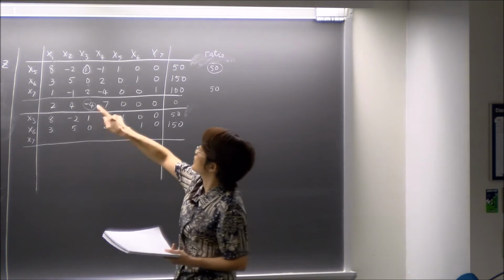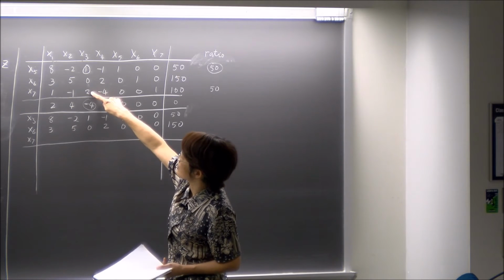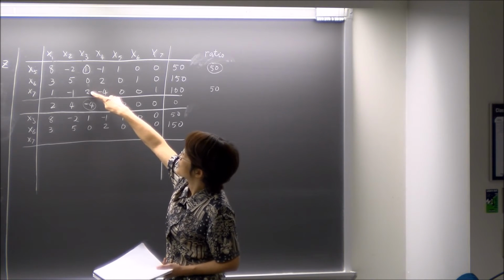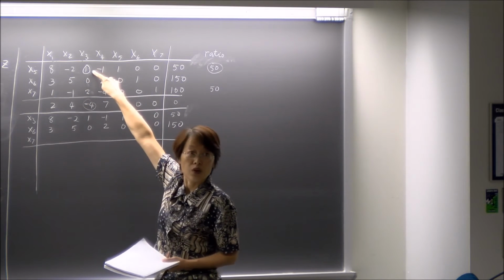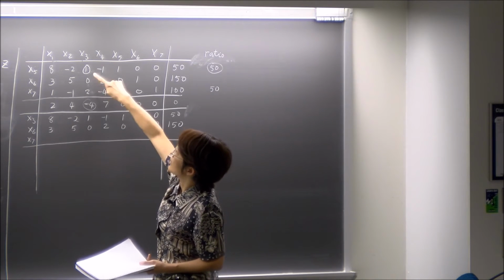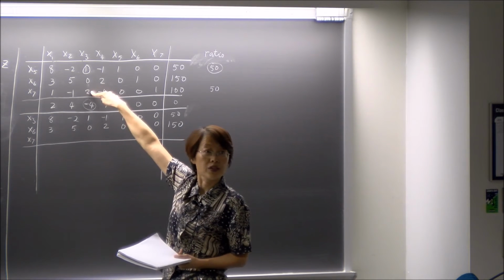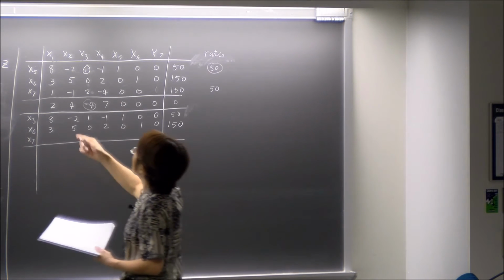And the third row, that's not 0. I have to get rid of that 2 and make it 0. What can I do? I take the first row, multiply with what? And then add on top the negative of the ratio, -2. So if I do that, what do I have?